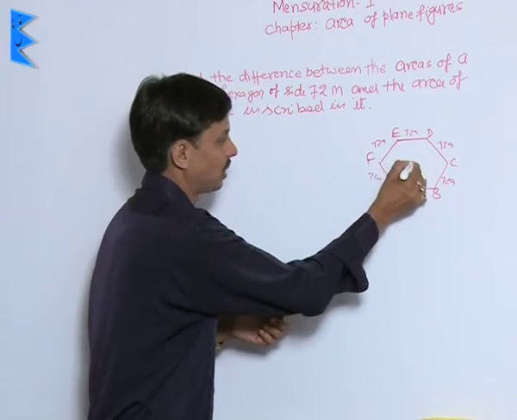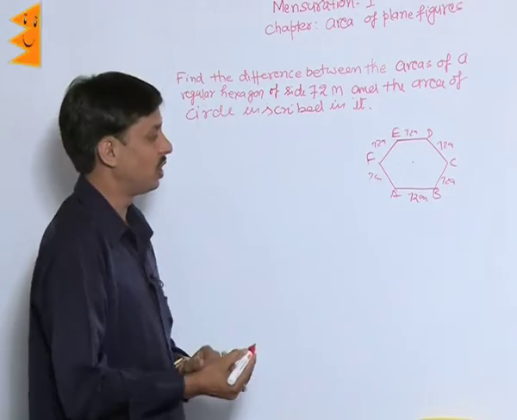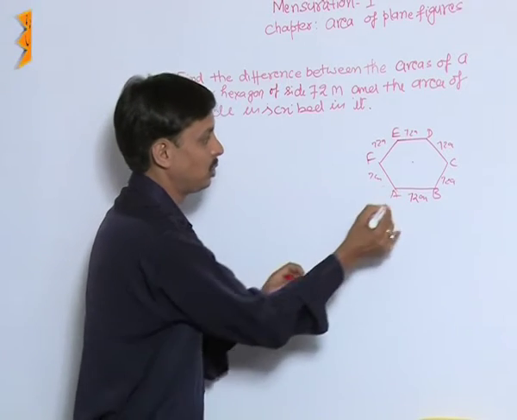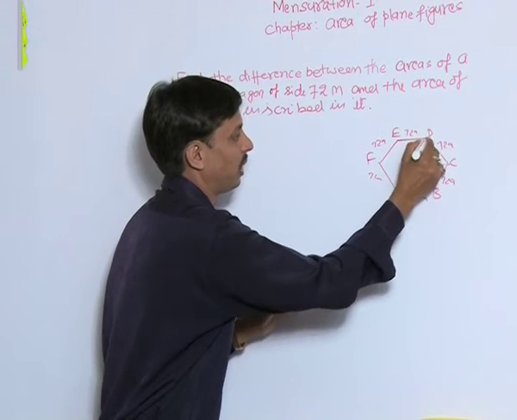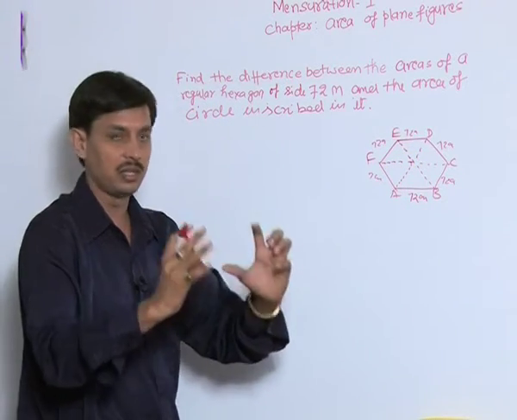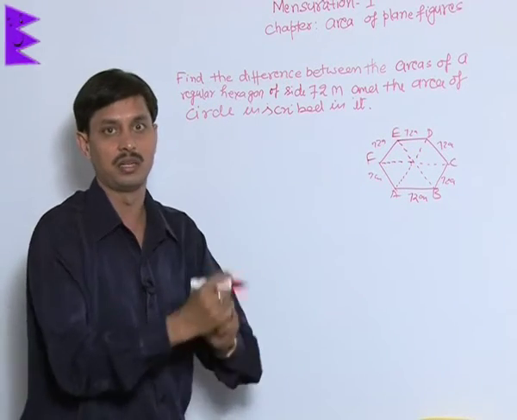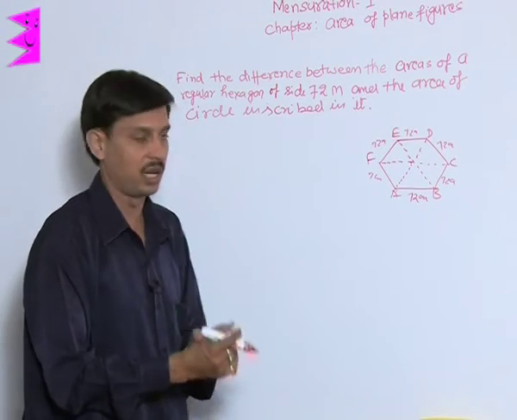We know that the complete central angle is one round, that is 360 degree. If I join each vertex to the center, I will notice that this regular hexagon is divided into 6 equilateral triangles. How have I assumed that these are 6 equilateral triangles?